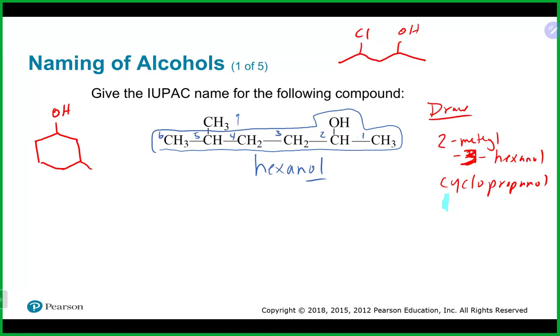And that means my OH group is at carbon number 2, and that's going to be a 2-hexanol. And because I locked that into place, the one last thing that's hanging out there is a methyl, and that's at carbon number 5, and that would be 5-methyl-2-hexanol. Any questions on that one there?